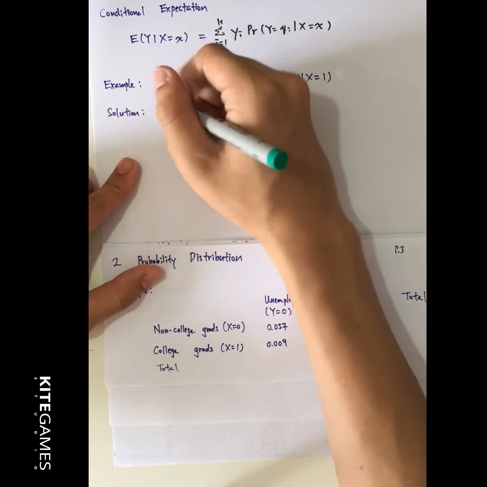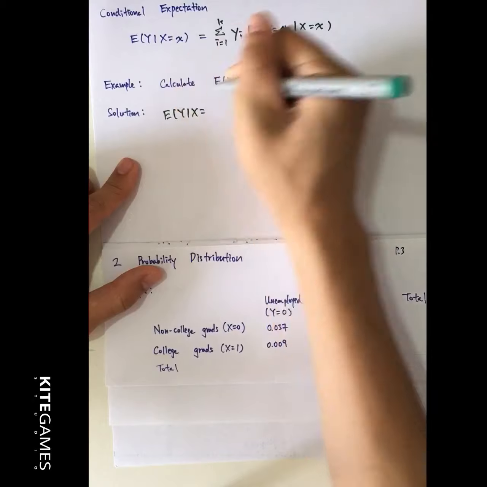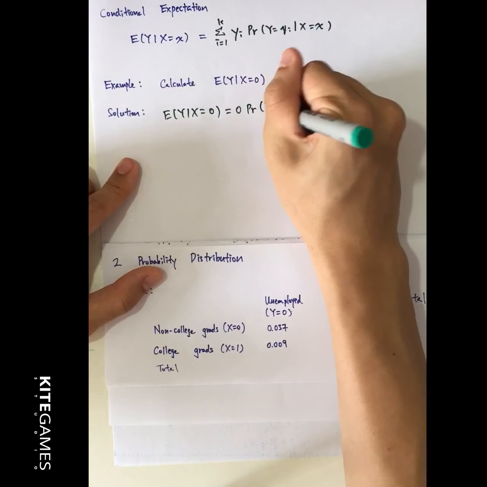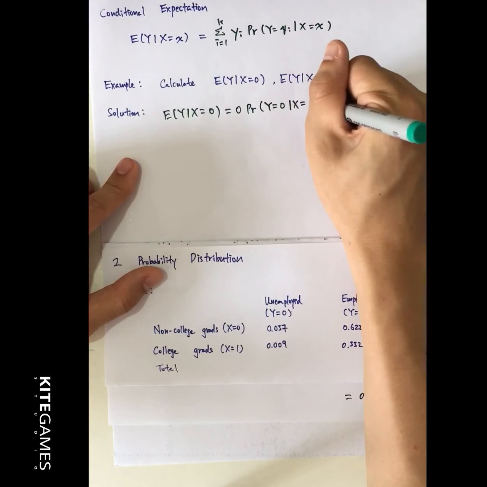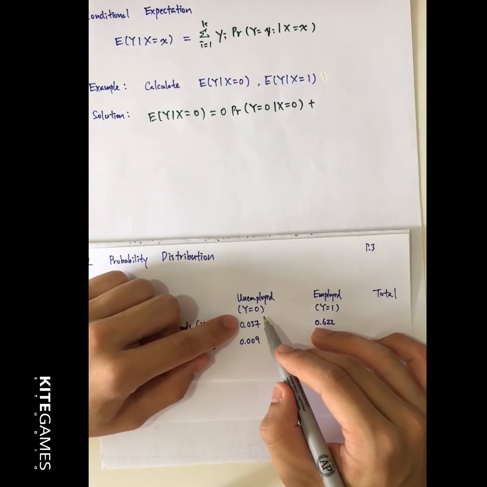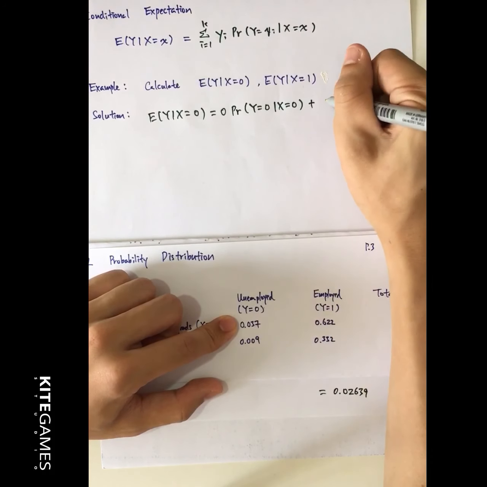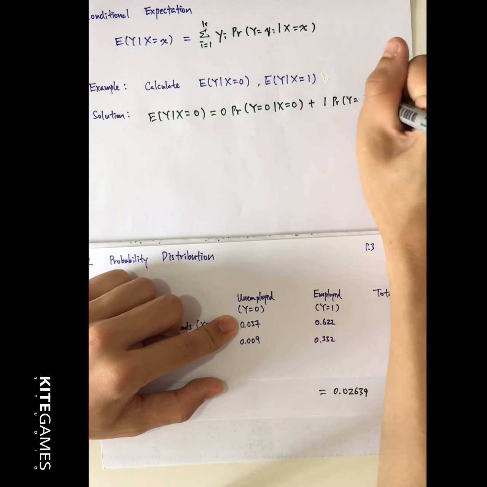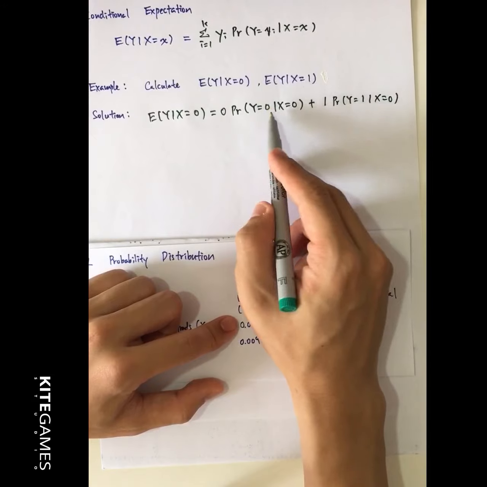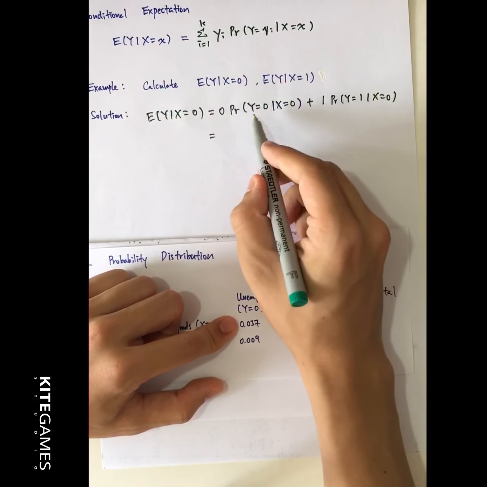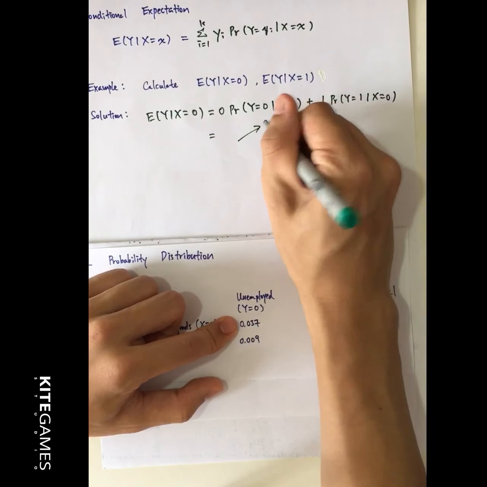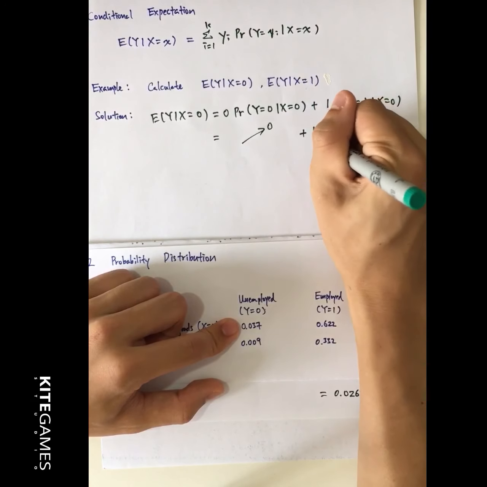That means you first add the value of y equal to 0 times the probability that y is equal to 0 given x equal to 0, then plus the value of y, the second one, 1 times the probability that y equal to 1 given x equal to 0. Here you can see that this is conditional probability. But luckily, everything multiplied by 0 is 0. So the first term can be ignored. For the second term, 1, I just copy down.